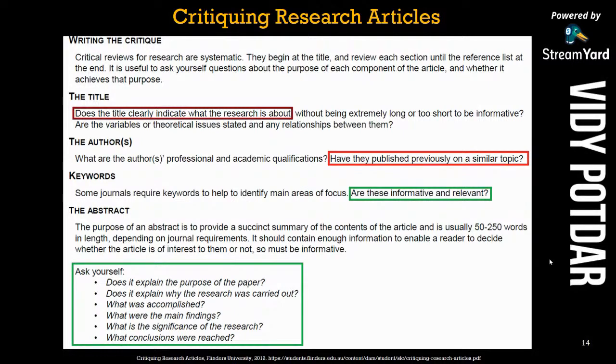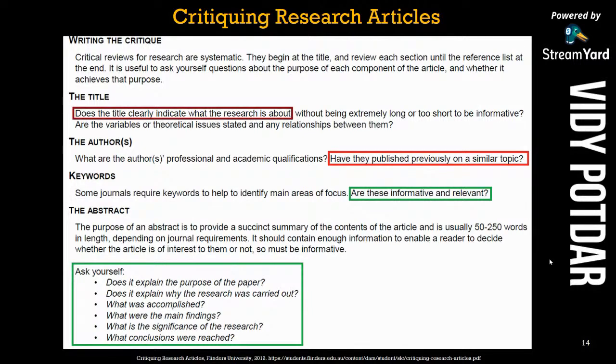Are all the variables or theoretical issues stated, and any relationships between them? Defining a title itself is an art, and you will see good research papers do this very well. If you're picking up a paper from a highly ranked, well reputed journal, you will see that the title tells you a lot. So that is the first bit, the title.